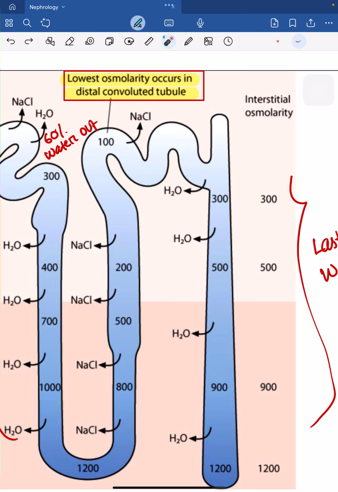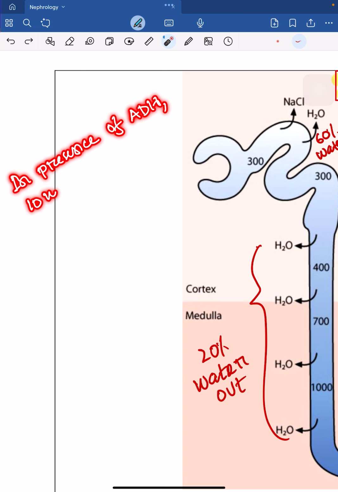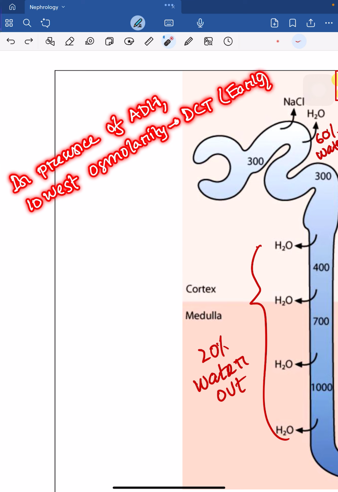So if I say in presence of ADH, the lowest osmolarity is found in the proximal distal convoluted tubule, sorry, this is not proximal.